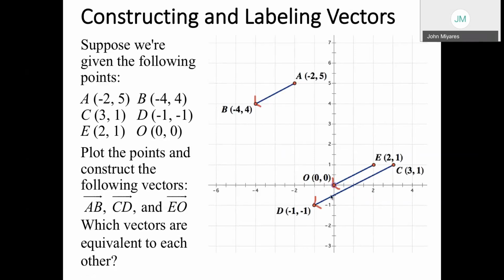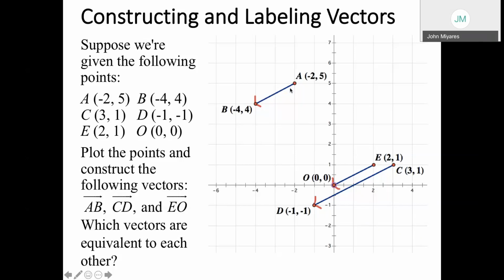Now let's look at our second question. Which of these vectors are going to be equivalent to each other? The 2 that look the closest are vector AB and vector EO. But in order to confirm that they have the same length and are headed in the same direction, we should look at their slopes.